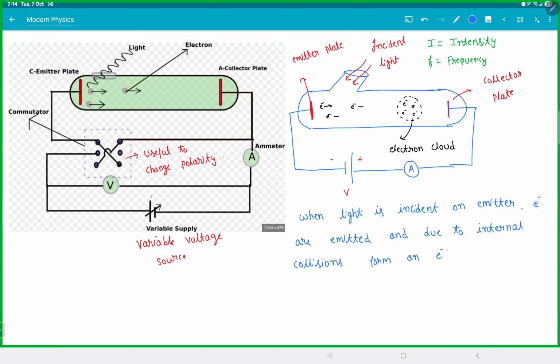That is the reason we generally prefer to keep a vacuum inside, but some air will always escape. Now this electron cloud is completely negatively charged. So what will this do? It will oppose the electrons which are coming. It will try to repel them back. So all the electrons won't reach the collector plate. Therefore, not all emitted electrons reach the collector.